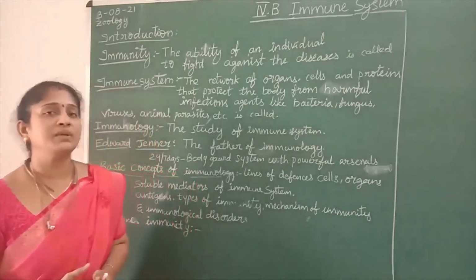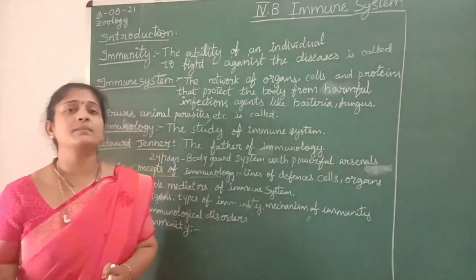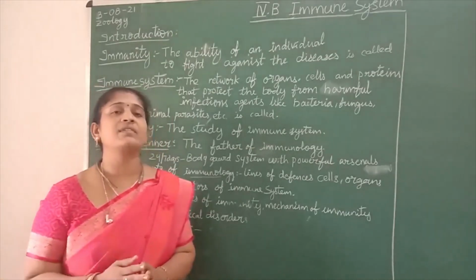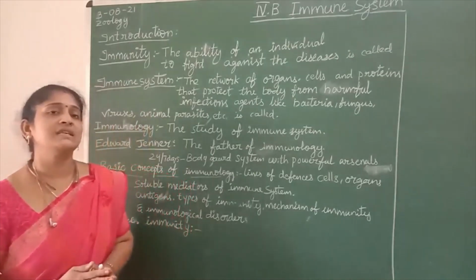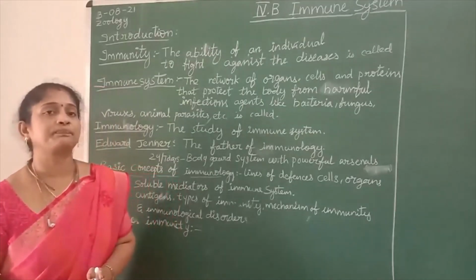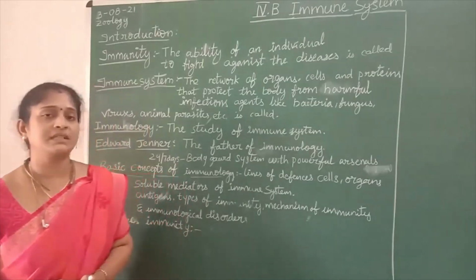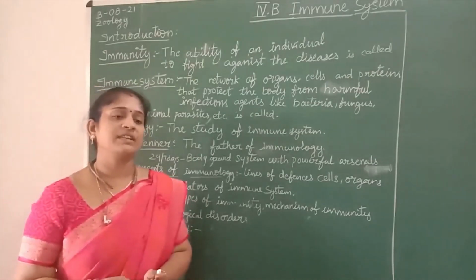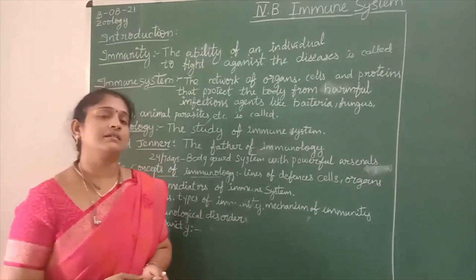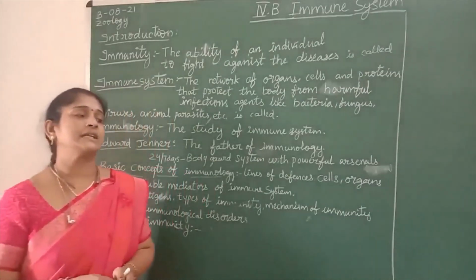This acquired immunity helps us keep immunity after birth until the end of our life. The innate immunity, when the baby is born, comes with the hereditary characters that the baby gets. That is called innate immunity.